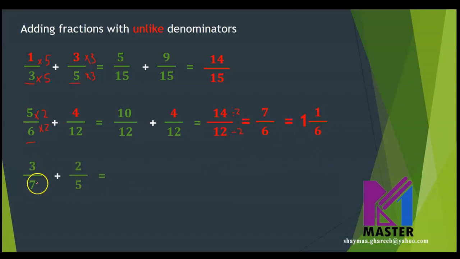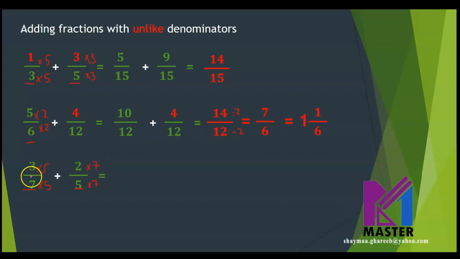This example is 3 over 7 plus 2 over 5. So denominators need to be the same. I think of a common multiple, the least common multiple between 7 and 5, which is 35. So for this 7 to be 35, I will multiply it by 5, and the whole fraction up and down. And this 5 to be 35, I will multiply it by 7 up and down.